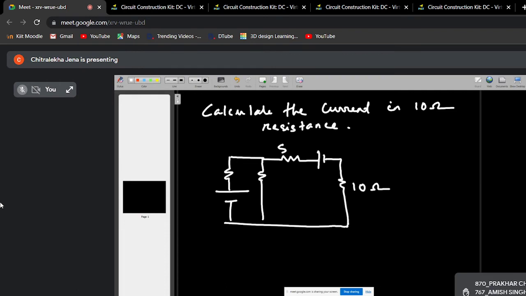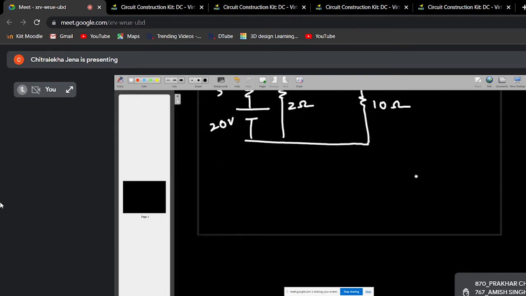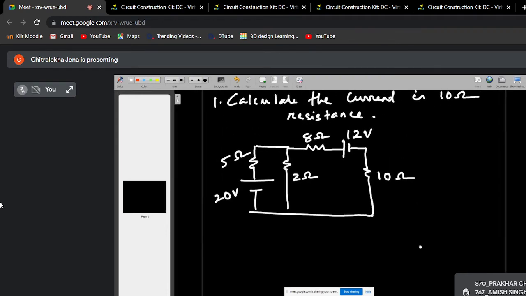This is 8 ohm. This is 12 ohm. This is 2 ohm. 5 ohm. This is 20 ohm. After calculating offline, you will tell me what is the current you are getting. Okay. Done it? Written? So number 2.